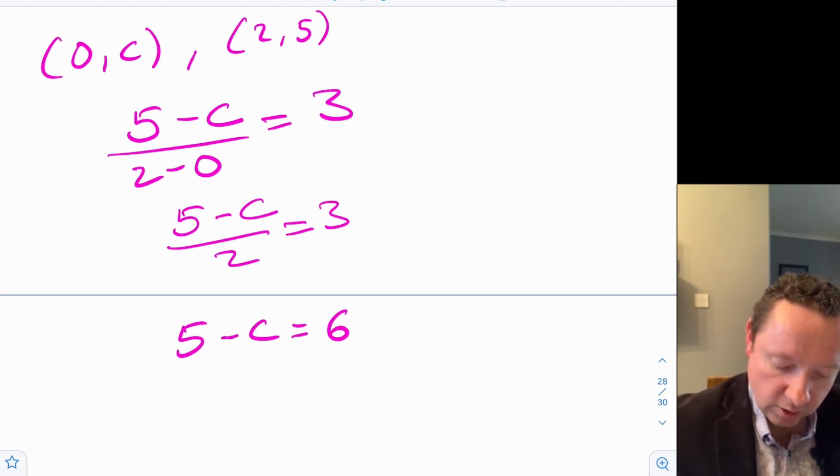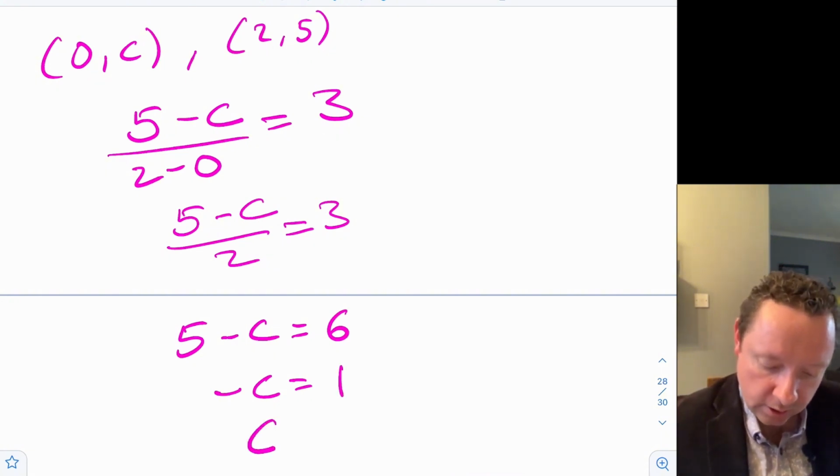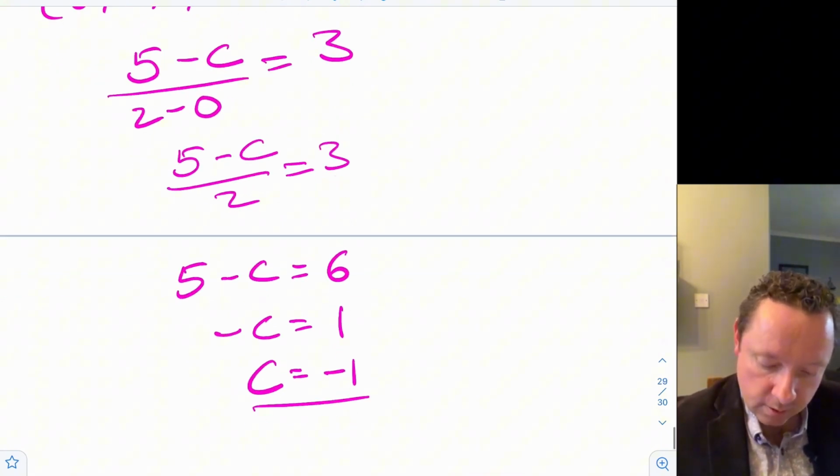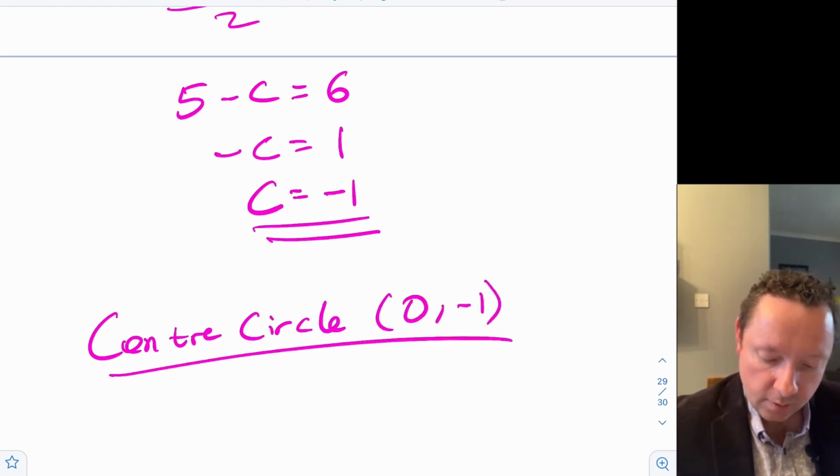Taking the 5 over, minus c equals 6 minus 5, which is 1. So c equals minus 1. So the centre of the circle is simply (0, -1). And we're done there.